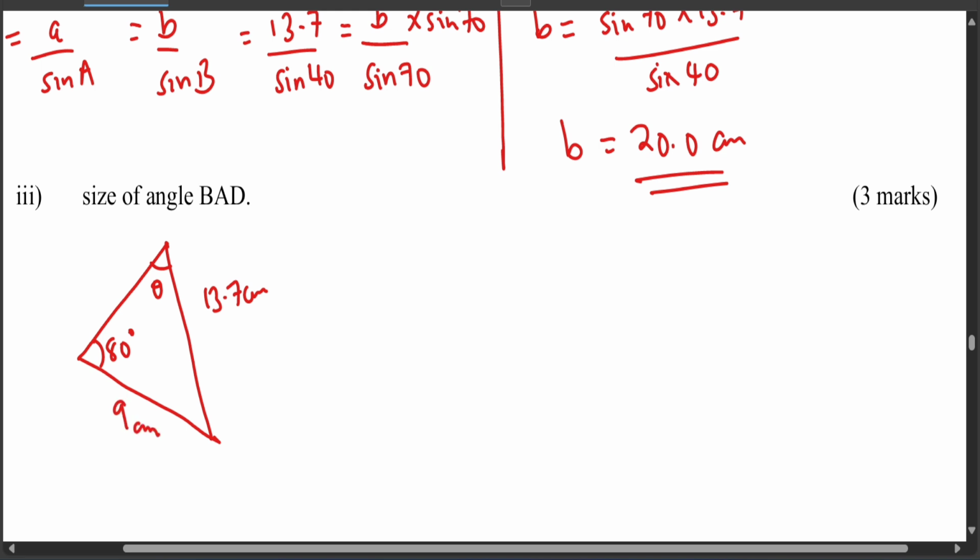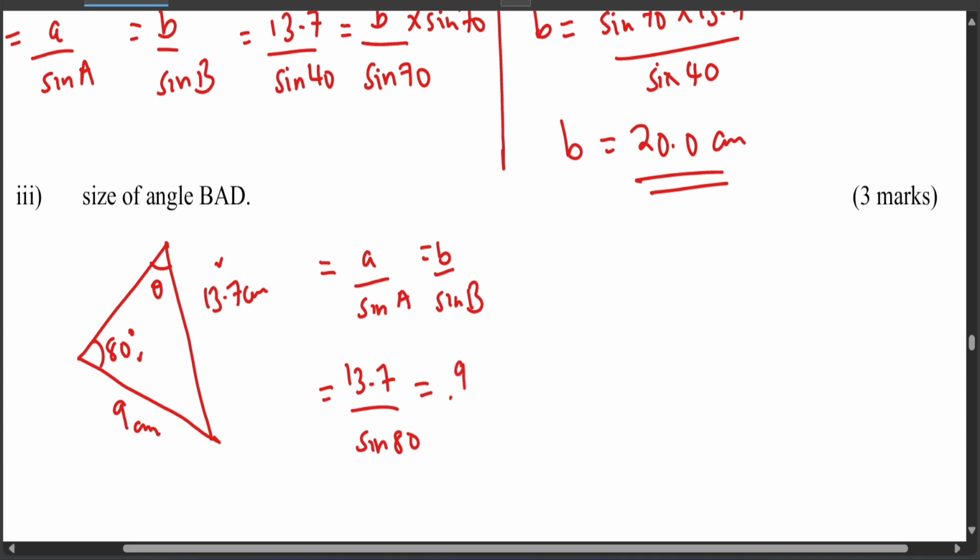So the same thing tutatumia sine rule, A over sine A equal to B over sine B. So A over sine A ni hiyo 13.7 divided by sine 80, equal to B over sine B. B over sine B ni hiyo 9 divided by hiyo angle yake sine theta ambao haujui.